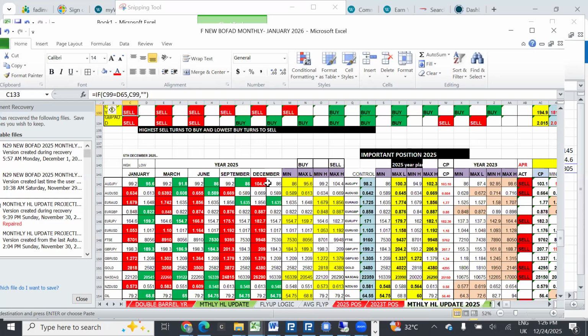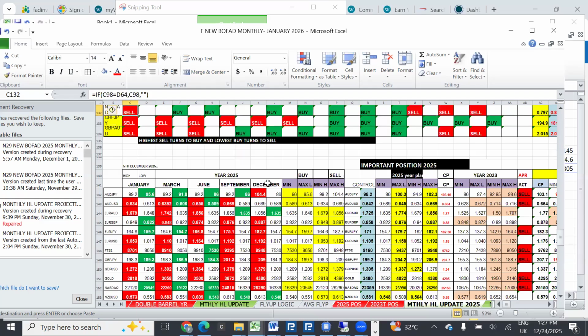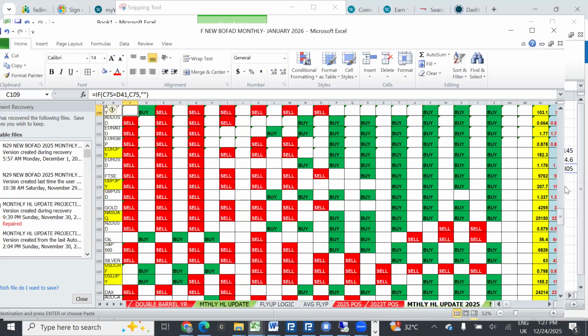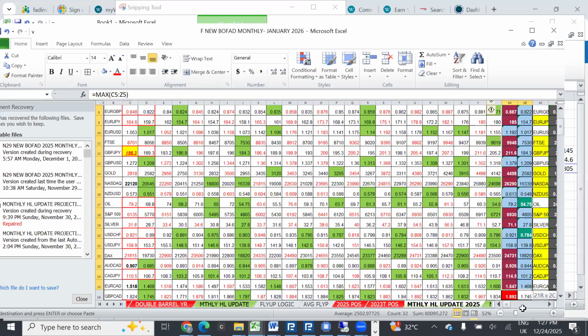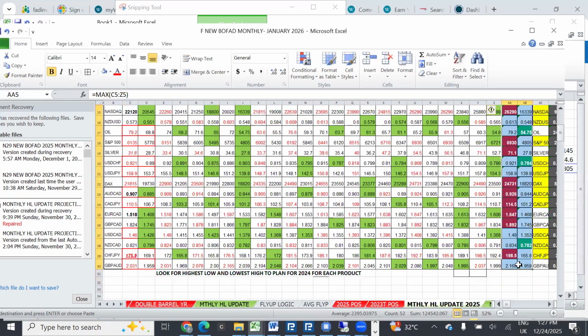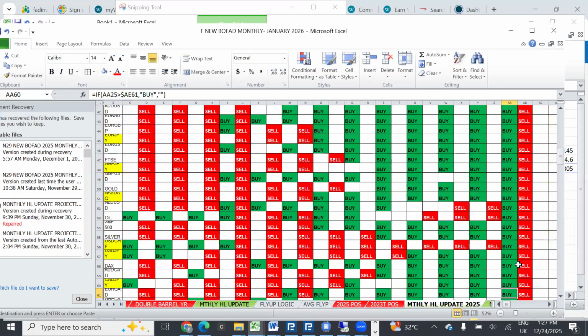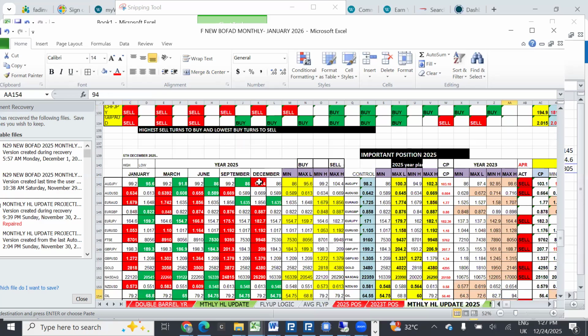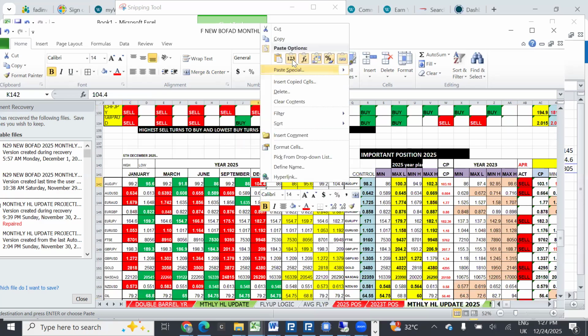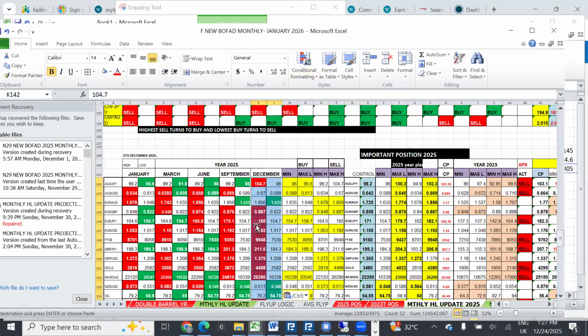Although December has not been fully updated, so let me go ahead and update December so that you'll be able to see and catch the flow easily. For December, I'm going to put those figures here.